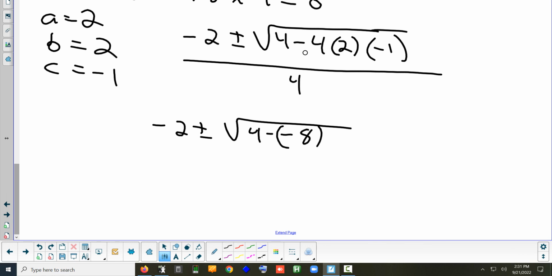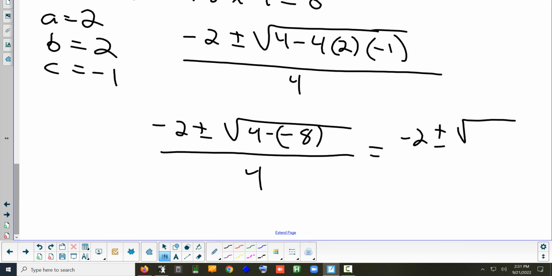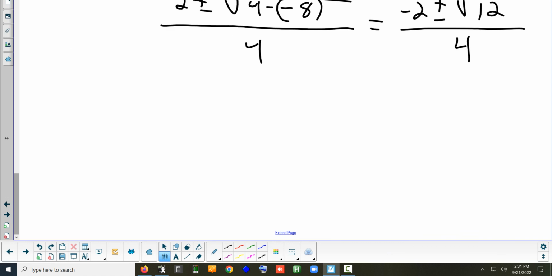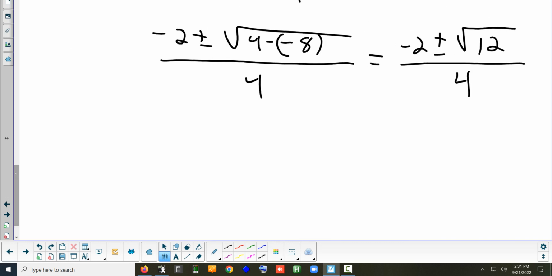So that's 4 minus negative 8 over 4. And that's going to turn into a plus. 4 plus 8 is going to give me 12. And the last step is to simplify that square root of 12 as much as you can. Does anybody remember what that simplifies to?